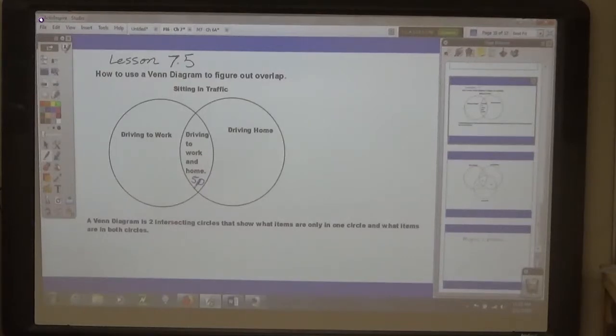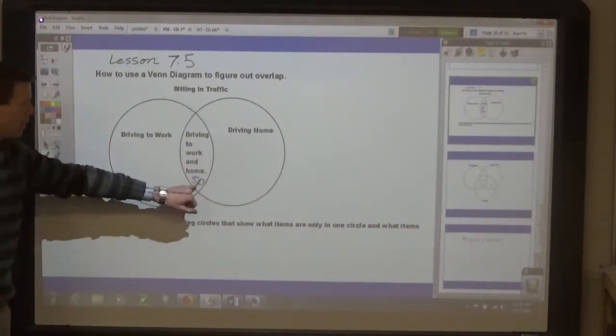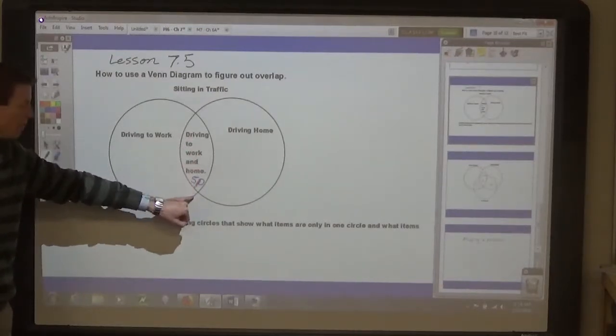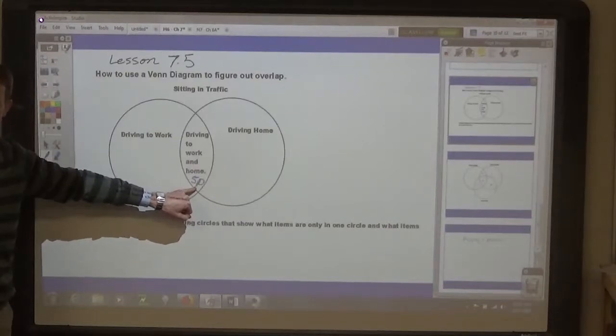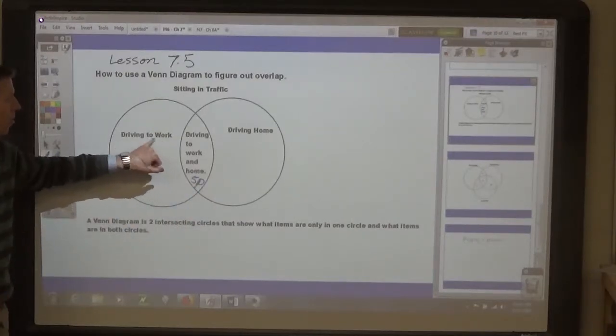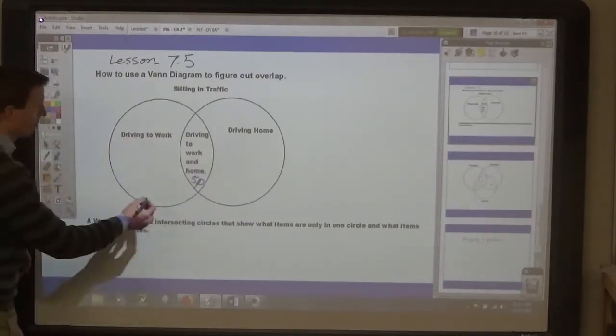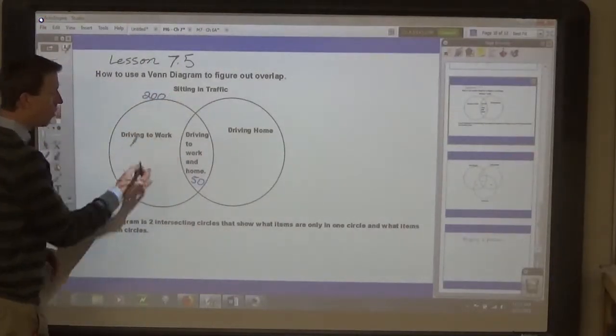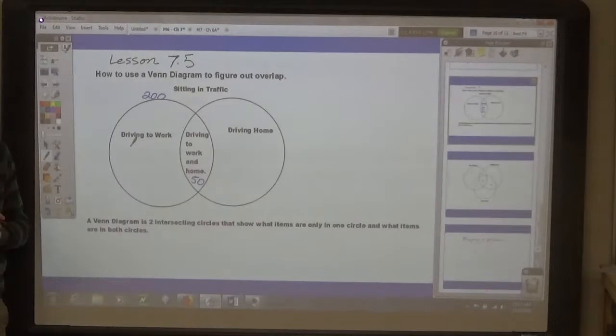So that means that if 200 drivers sit in traffic driving to work, and 50 of them sit in traffic driving to work and driving home, that means how many sit in traffic? If there's 200 in this circle, then how many only sit in traffic driving to work?